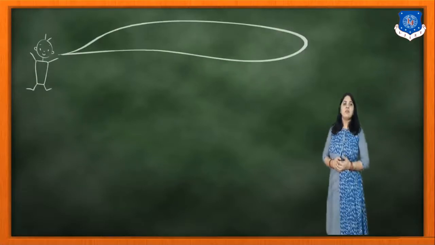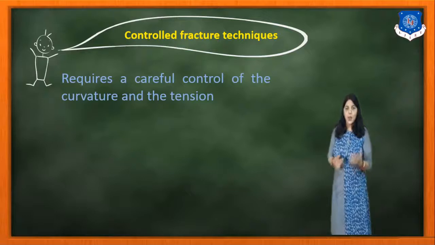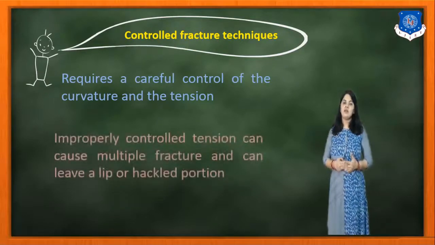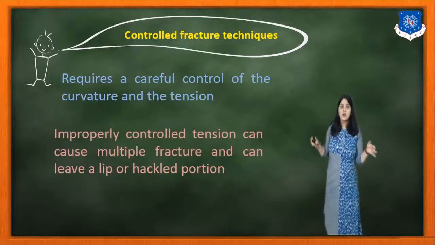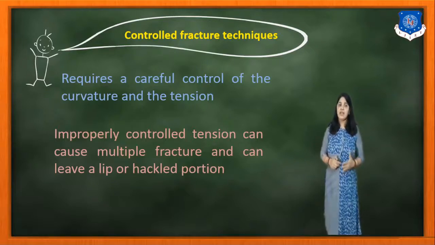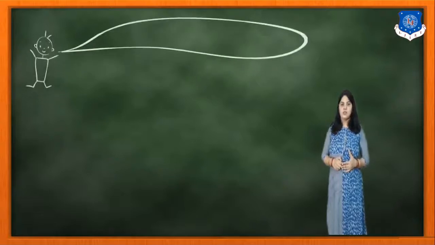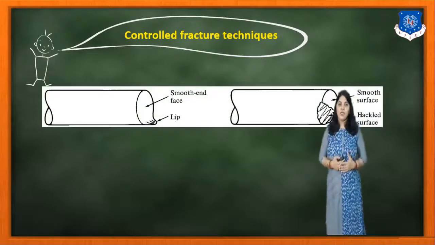It also requires careful control of the curvature and the tension. Improperly controlled tension can cause multiple fractures and can leave a lip or a hackled portion. So again, we need to take a lot of care while performing it.